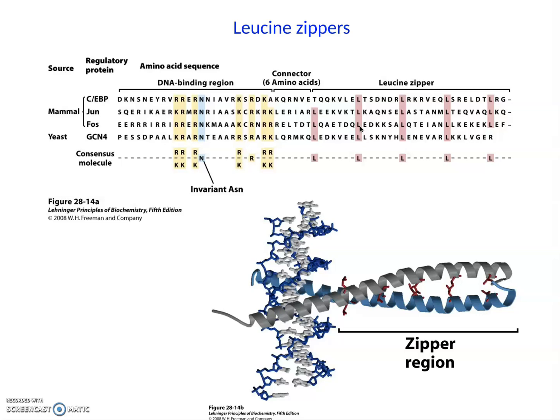They act as a zipper in a way, and they hold the two proteins together. That portion does not interact with DNA. That portion facilitates the interaction between the two protein molecules that bind with their DNA regions to the DNA and control its expression. So these are the leucine zippers.